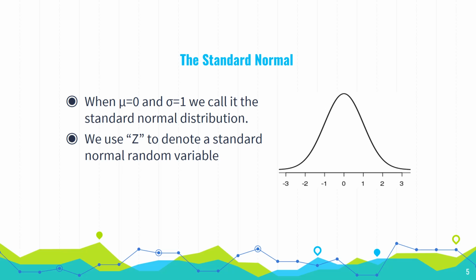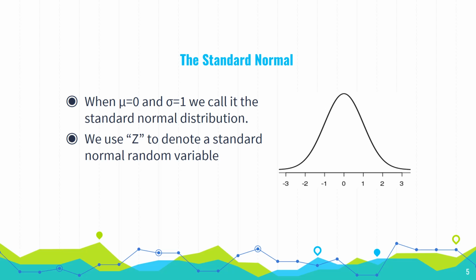Let's take a look at a very important normal distribution, which is the standard normal distribution. If you ever have the mean set at 0 and the standard deviation set at 1, it's called the standard normal distribution. And we're going to often see the capital letter Z used rather than the capital letter X for a standard normal random variable.